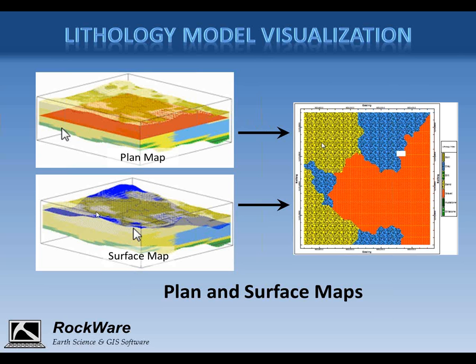For the surface map, we're actually cutting through the model along this varying gridded surface. It's in blue here. Both of those will produce a 2D map, and you can see perhaps a subcrop map or some other type of map of what lithologies you can expect at that level. That might be good if you're planning to dig a pit and mine some near-surface aggregates, for instance.